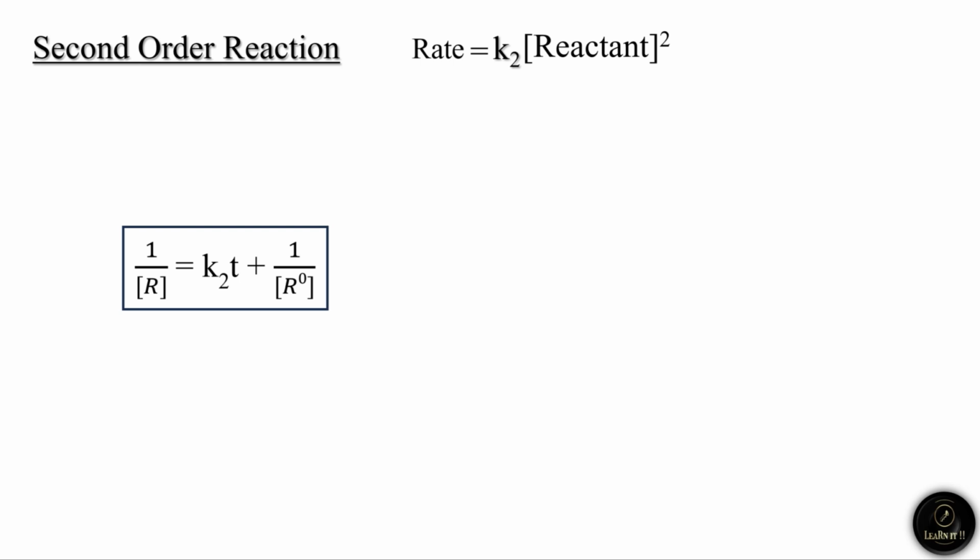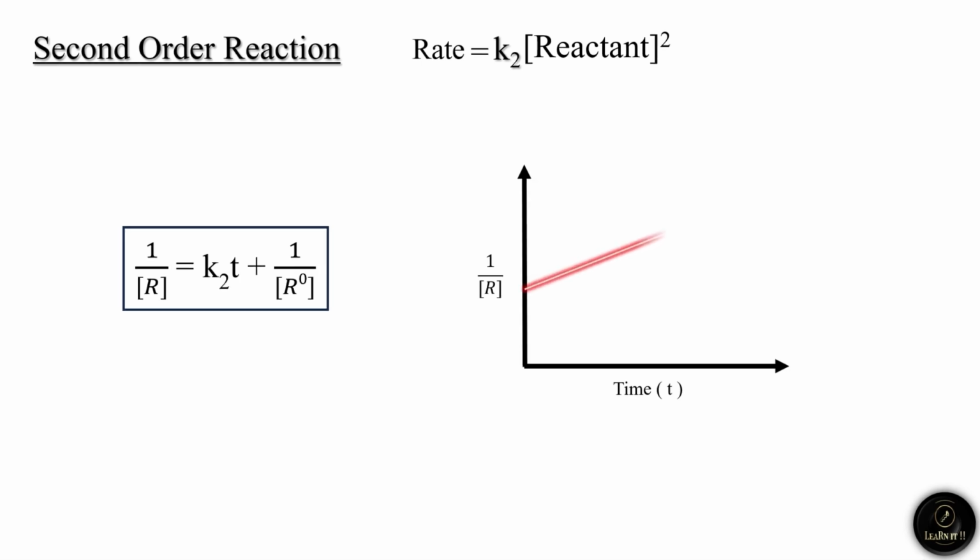When we plot a graph of 1 by [R] versus T, we get a straight line having a positive slope, that is K2, and the y-intercept is 1 by [R]naught.